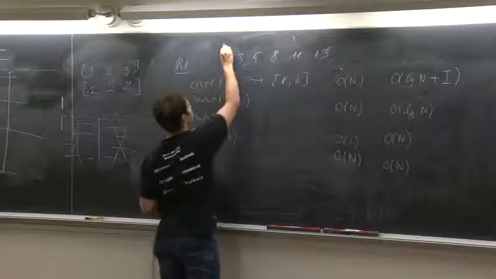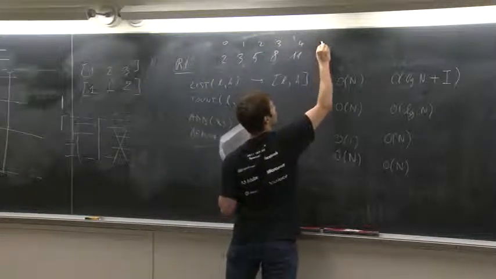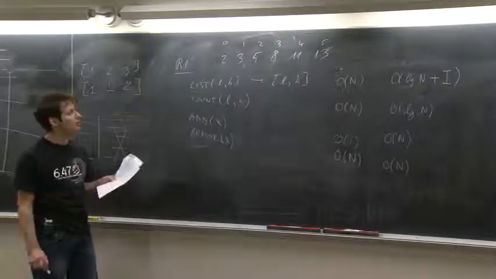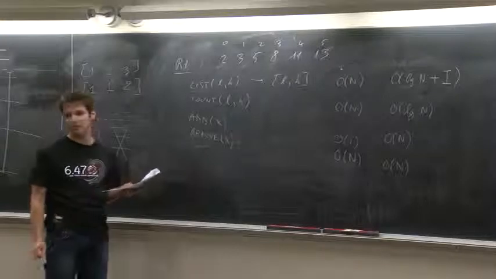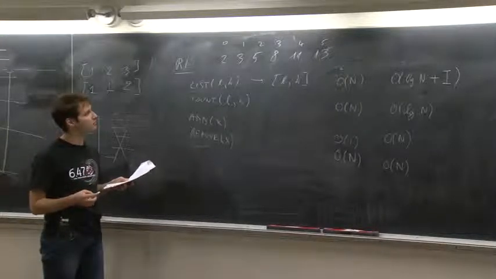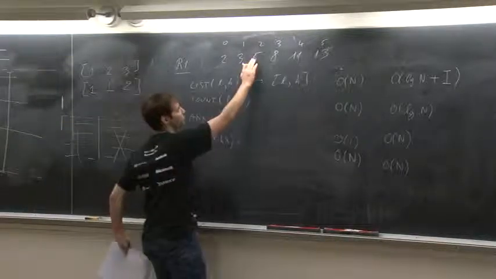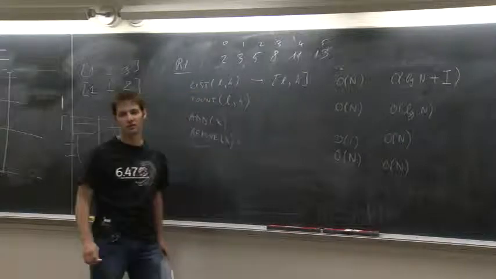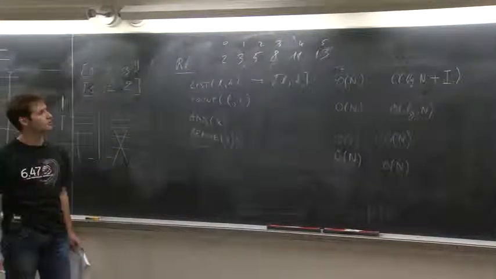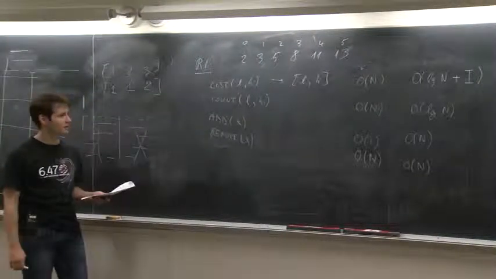So if this is my array, then the positions are 0, 1, 2, 3, 4, 5. So count of 4, 11 would do a binary search of 11 and see 4, and then it would do a binary search for 4 and return 2, right? Because if I want to insert 4, I would have to put it here and then shift everything to the right. And 4 minus 2 is 2, therefore it's broken. Off by 1 block, right?